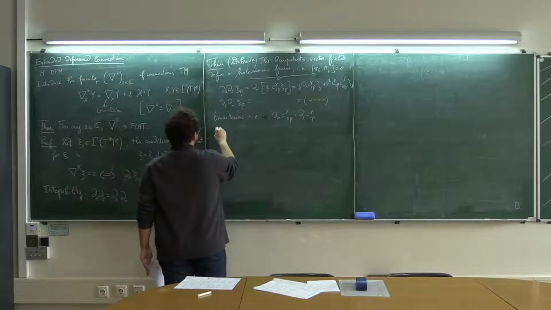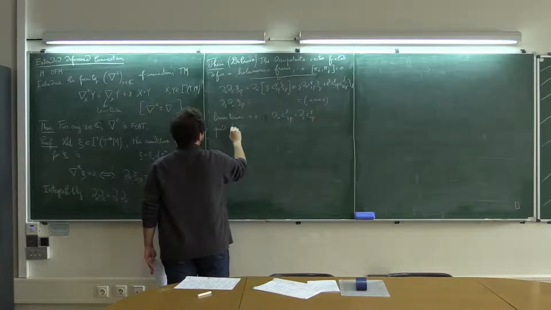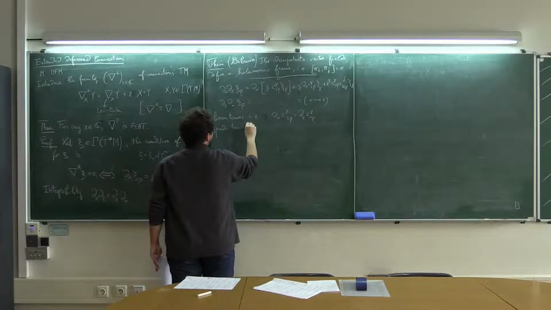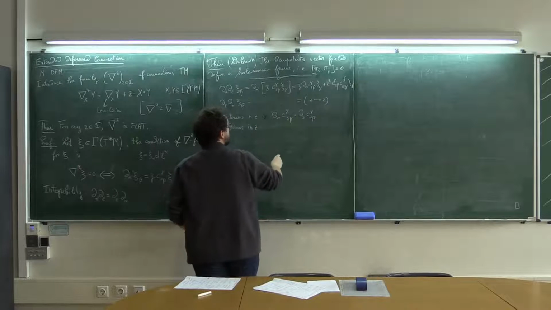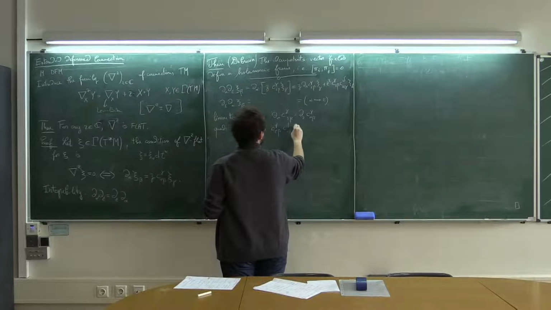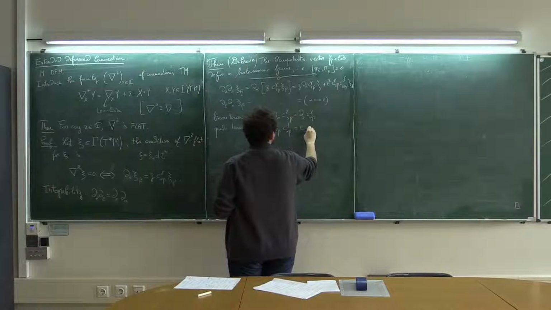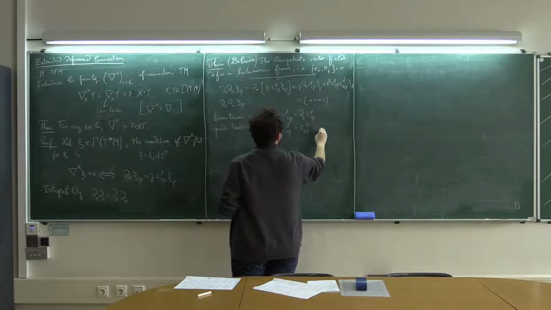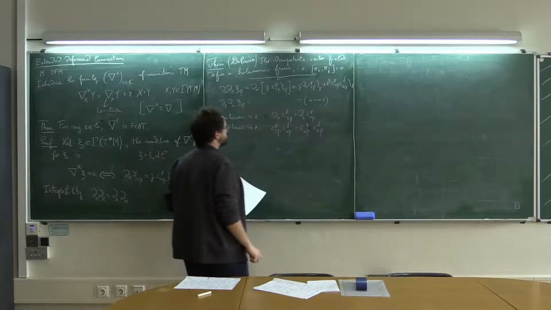And from the quadratic terms in z, we obtain the following constraint: C epsilon beta gamma times C alpha beta delta equals C alpha beta gamma C epsilon beta delta.